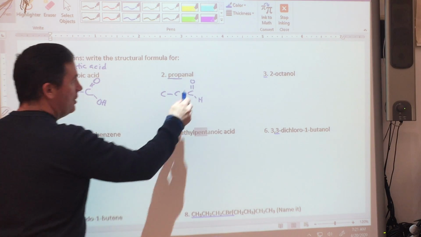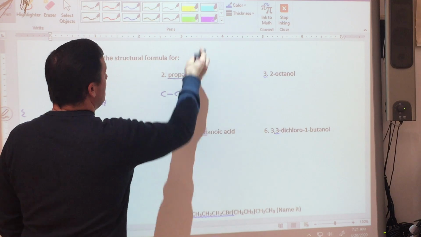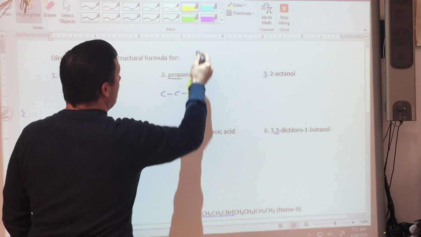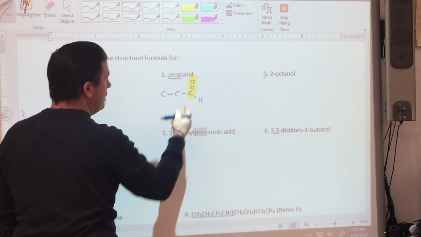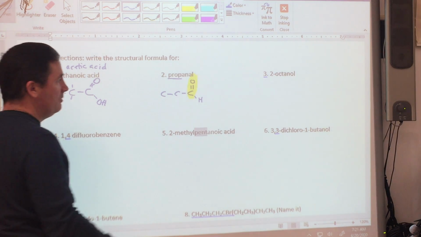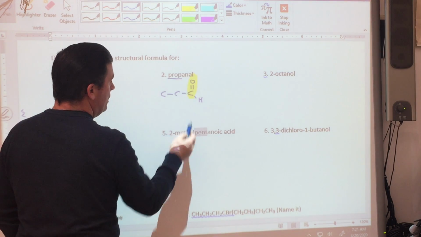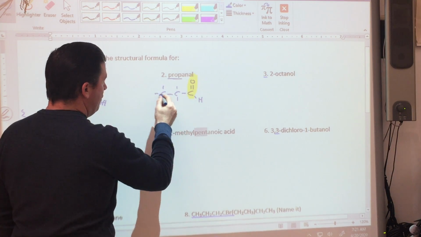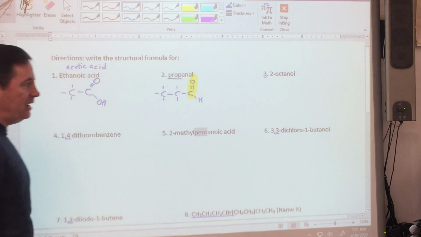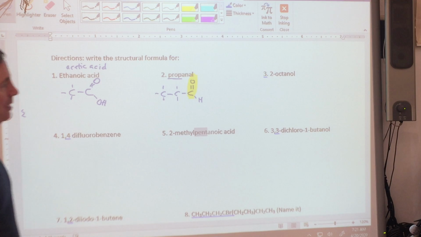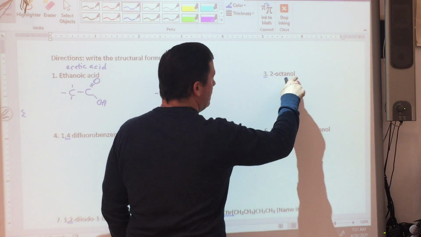Remember, this group here is called the carbonyl group, C-A-R-B-O-N-Y-L. So I've got 1, 2, 3, and each of my carbons, again, has to have 4 lines indicating it has 8 electrons being shared around it. So there's propanal.